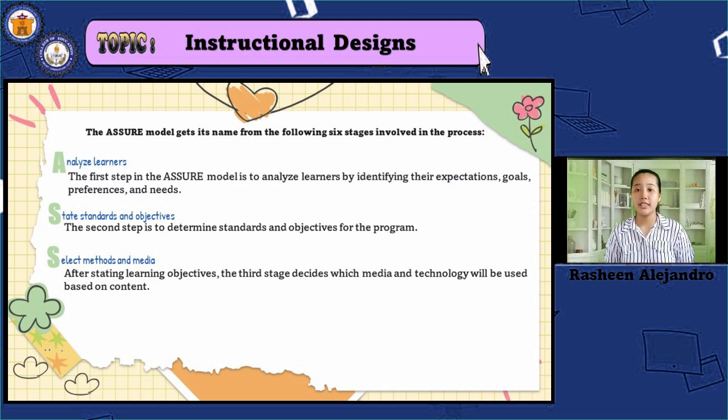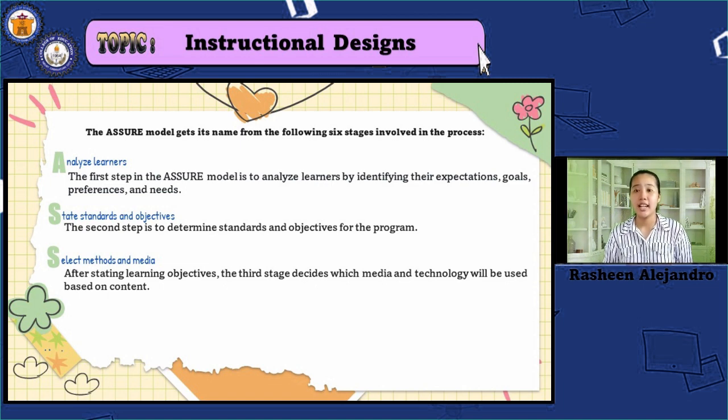The first one is letter A. It means analyze learners. Here, you analyze the learners by identifying their preferences, goals, needs, and expectations, so that the instructional designers can develop a program that caters to the expectations of the learners.